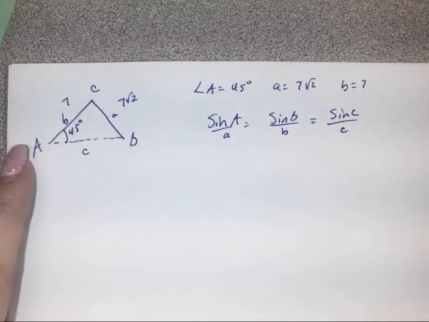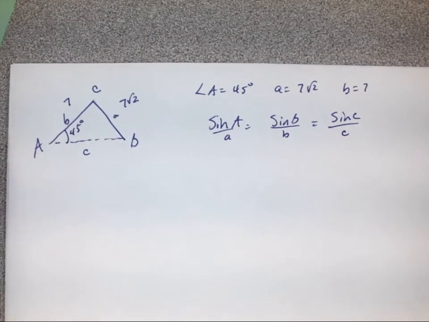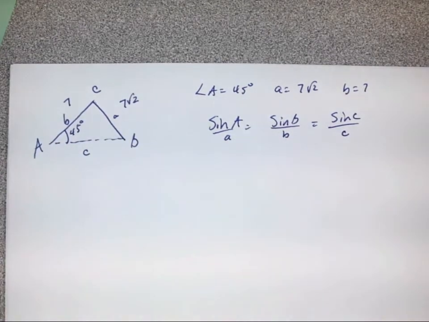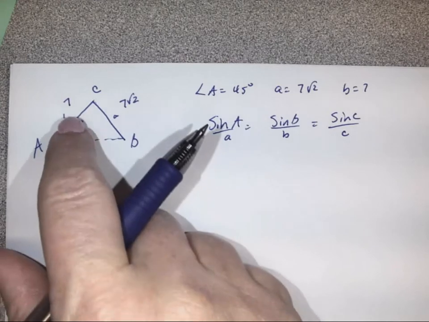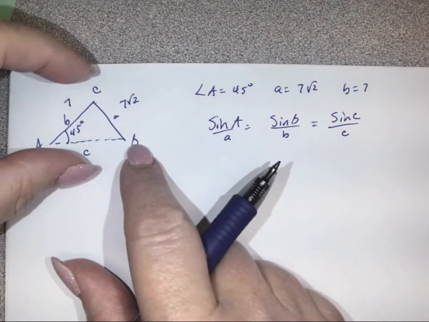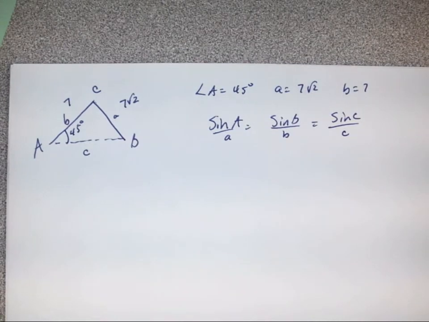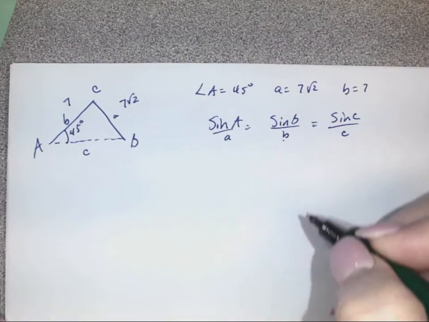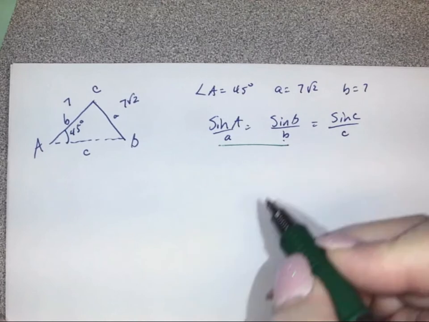Again, we have to have a pair that matches. So we're going to have to use our A's, and then we know the length of B, so we're going to have to solve for B. We can't do C at this point because we don't have either part of C. So we are going to do the sine of A and B. We're going to use these two here.